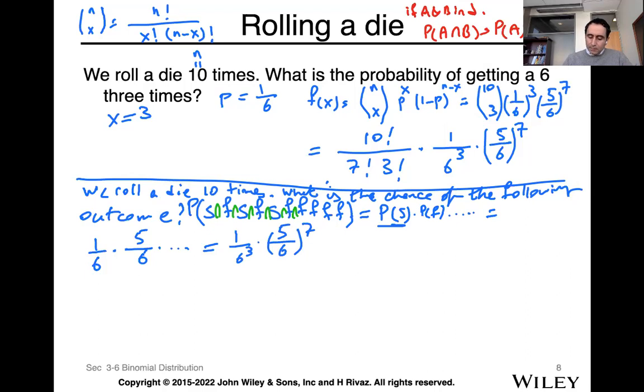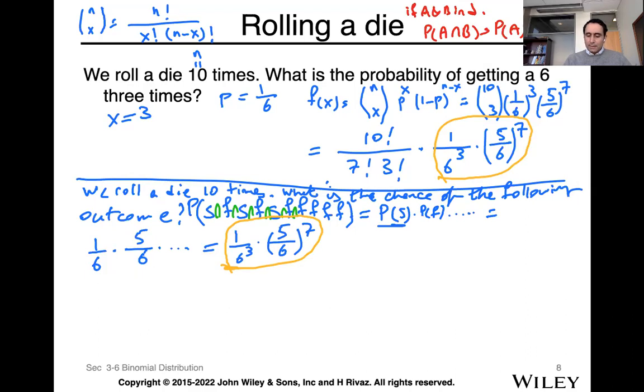So you can immediately see that this term in our previous answer came from here, right? So a certain outcome, the chance of getting that certain outcome is basically this quantity, right?